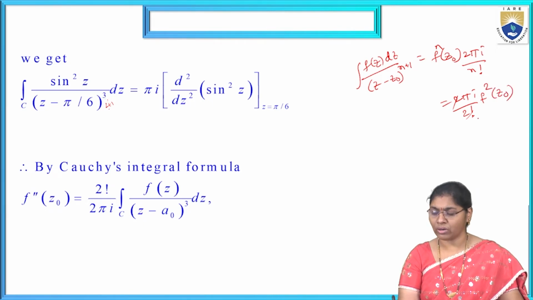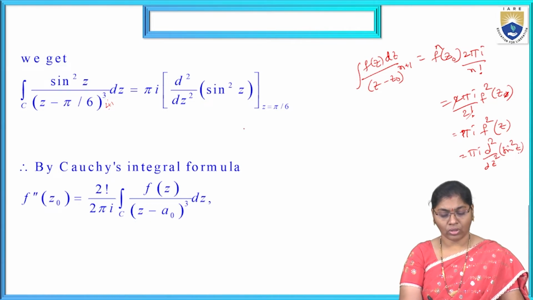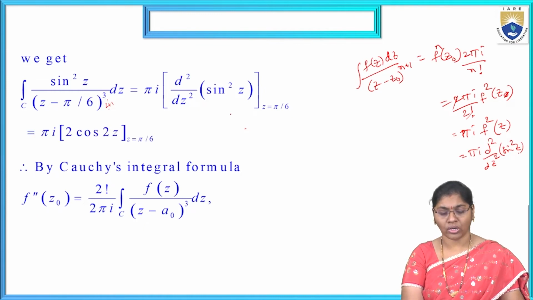Here f of z is sin square z. Then the second derivative, f 2 of z, is d square by dz square of sin square z. Now by using the Cauchy integral formula, the solution is pi i into 2 cos 2z.